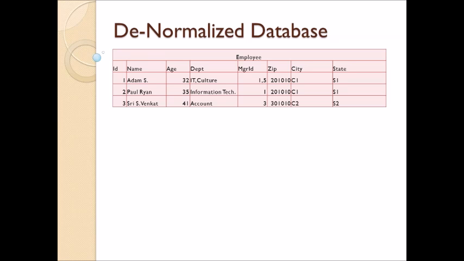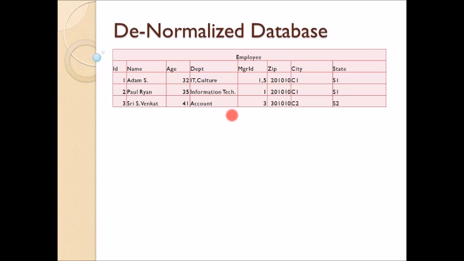It has employee ID, right? It has employee name, and employee name, as you can see, is a full name. It's not first name, middle name, and last name. Then we have employee age, then we have employee department.